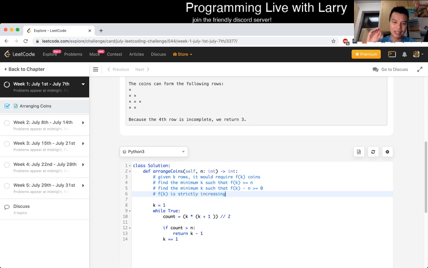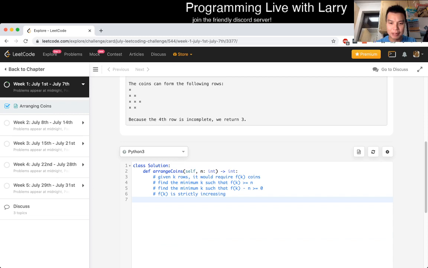What that means is that f of k will always keep going up, as you maybe have an intuition for. So that's pretty much all we need to do the binary search. So let's upsolve this a little bit. Let's write the def of f of k, and then we just return k times k plus 1 over 2.